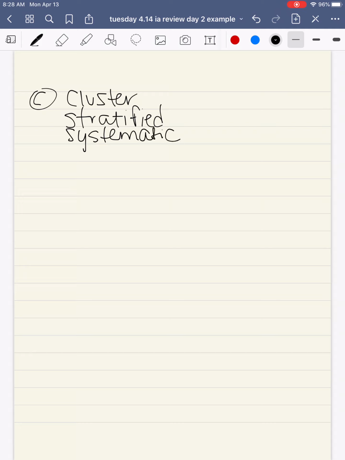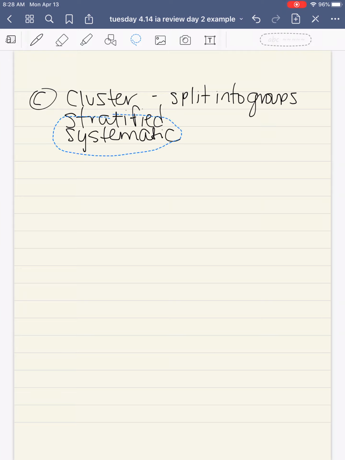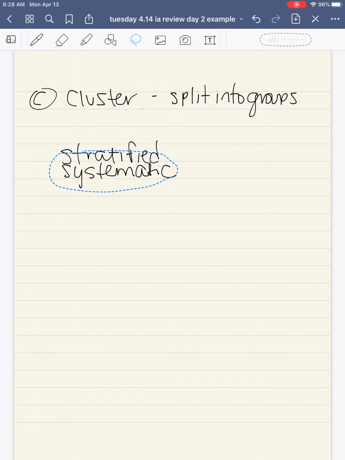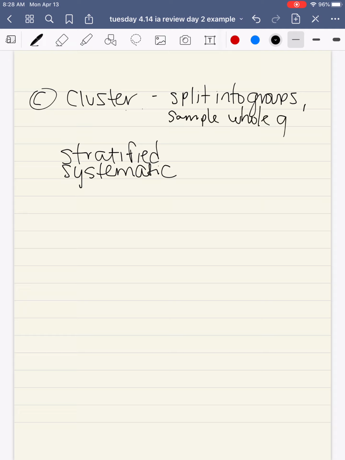Just thinking about what each of these mean, I know that in a cluster, I split them into groups, and then I sample a whole group.